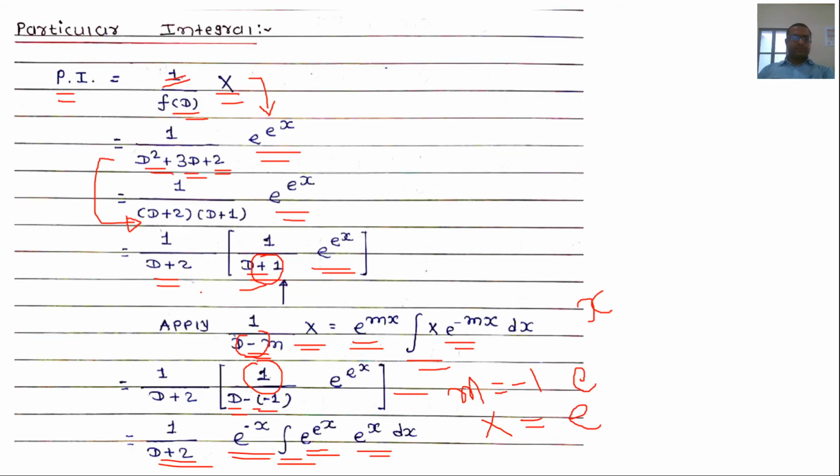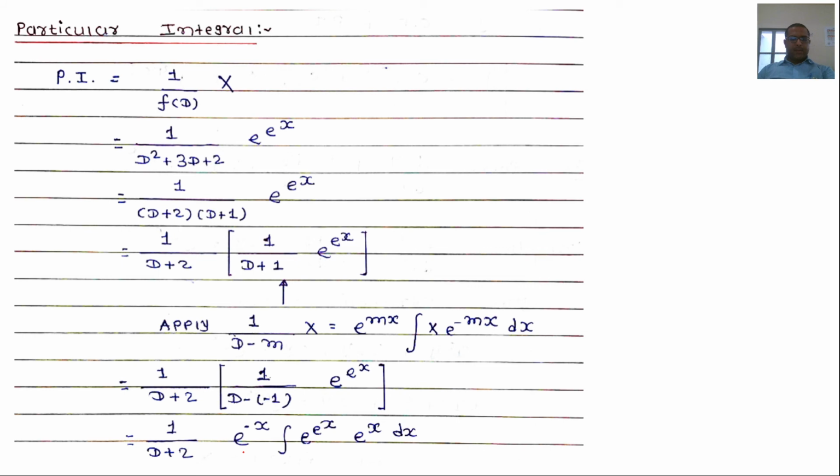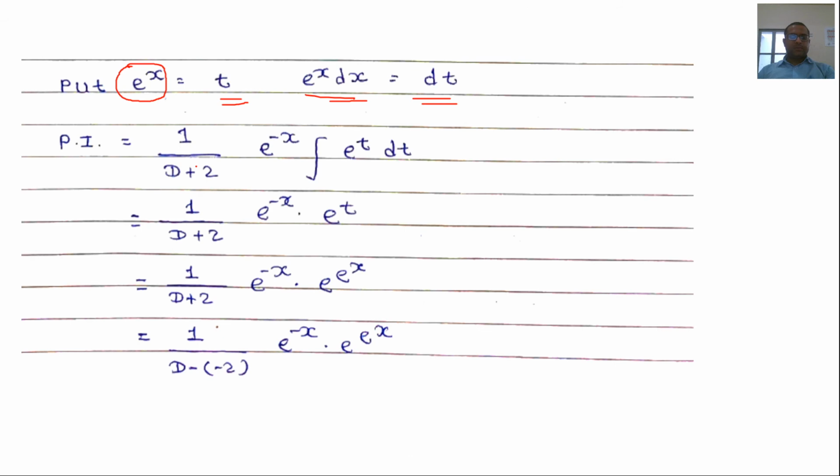So here we have to put in the integration e raised to x as t and e raised to x dx is equal to dt. So you will get PI is equal to 1 upon D plus 2 e raised to minus x integration e raised to t dt.